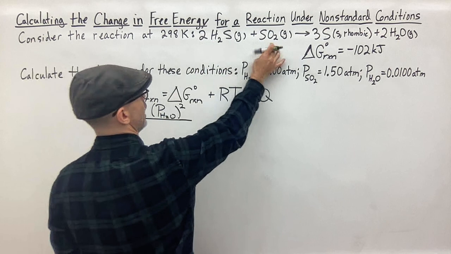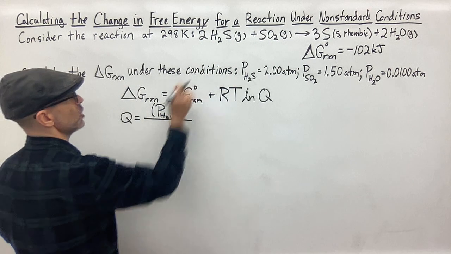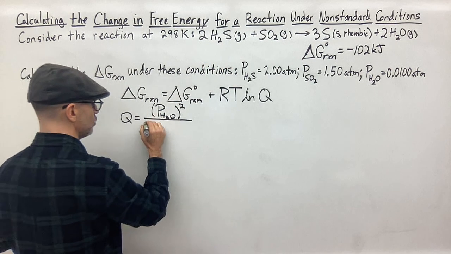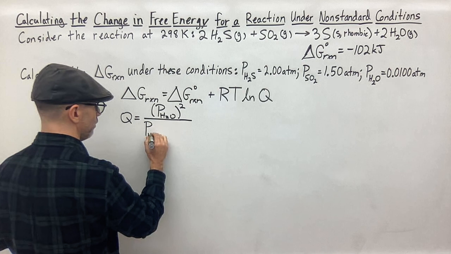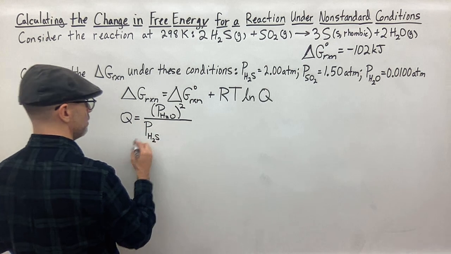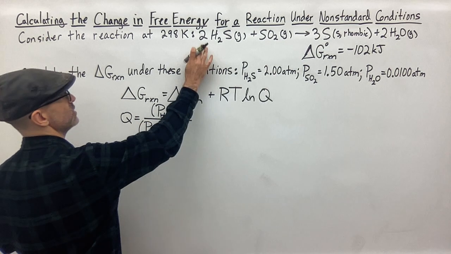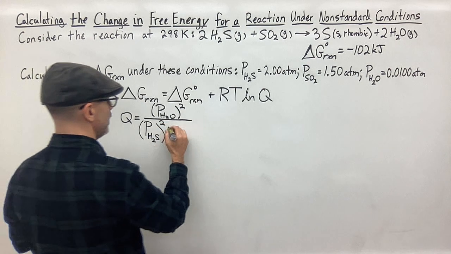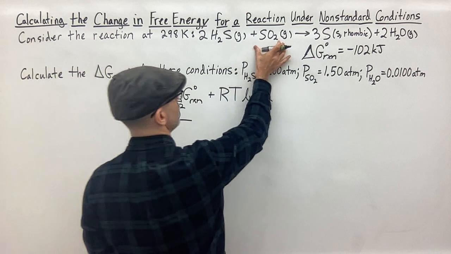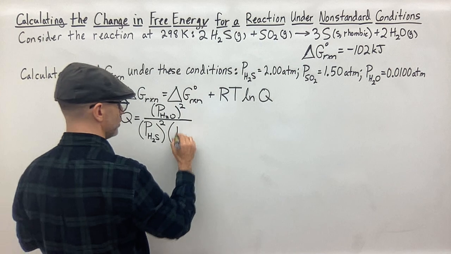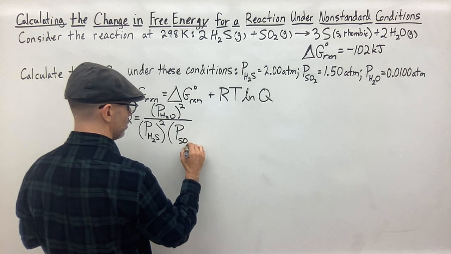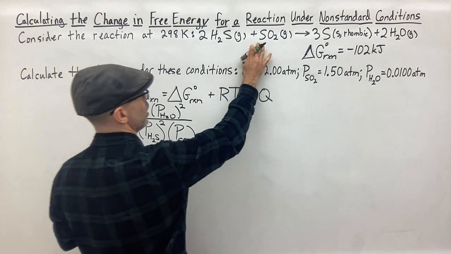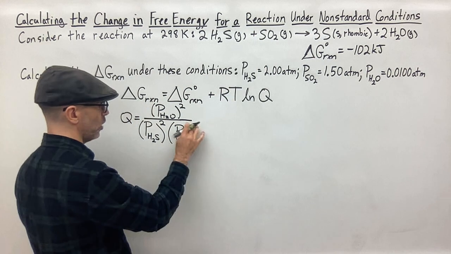Now we're going to do reactants. Reactants are on the bottom. So we have H2S, so the partial pressure of H2S. That has a 2 there, so we're going to put that as a power of 2. And we're going to multiply that by the partial pressure of SO2. And since there's a 1 there, that's going to be a 1 there.